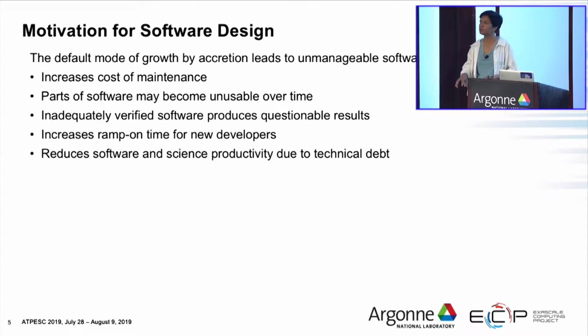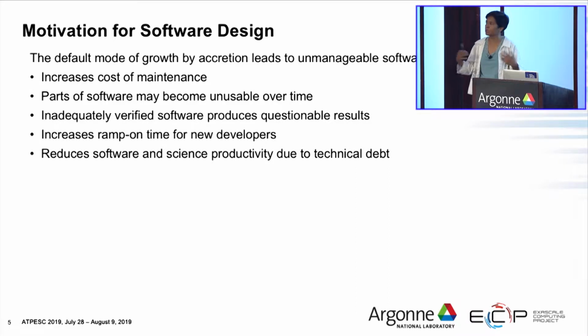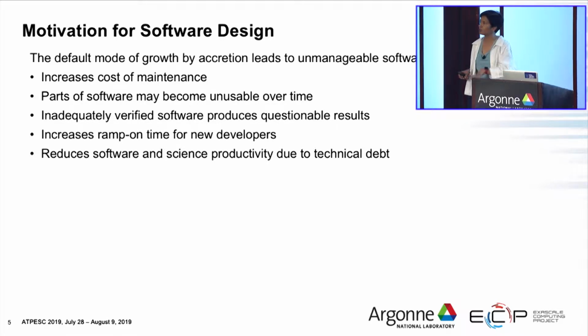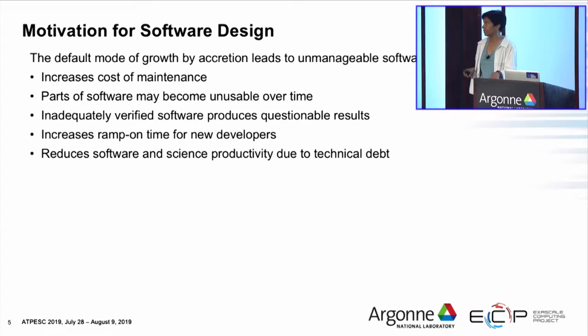If I add this feature to it, then I can use it for my purposes, and before you know it, the software is accreting from all over the place in no systematic way, and it gets to a point where it becomes impossible to maintain, and then there is a hard reset and you start all over again, which means that all of the effort that had gone into developing the various pieces of software until now is completely useless. Not completely useless, you still learn, so that the next time around your software development is somewhat more systematic, but you still end up writing software again.